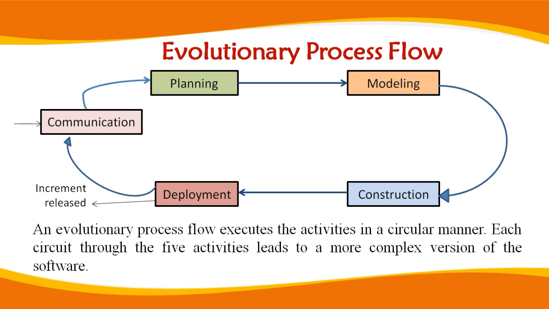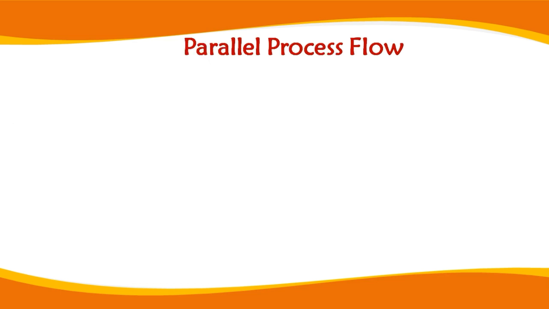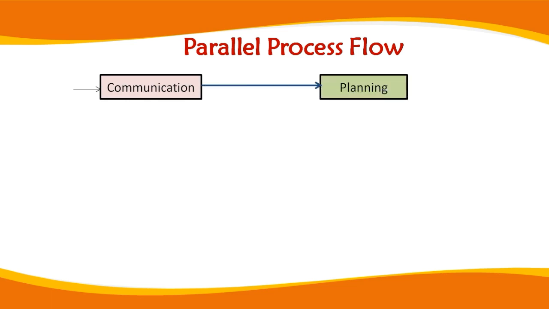And let us see the last process flow, that is parallel process flow. Here communication takes place between the customer and developer. Once communication has taken place, they can go for planning or directly they can go for modeling.